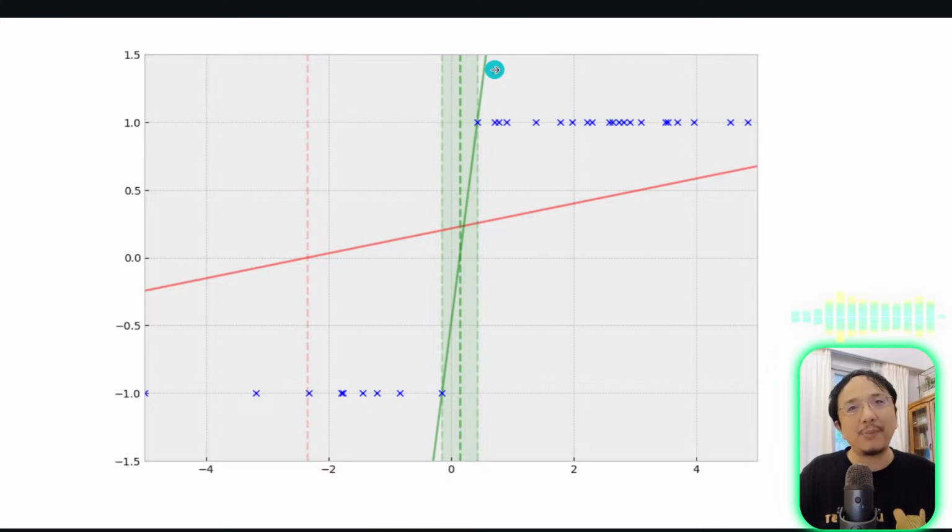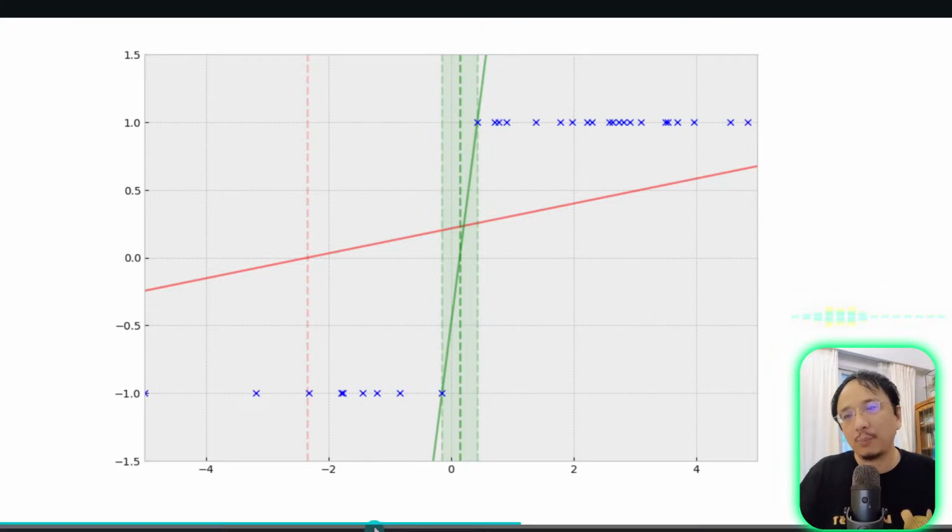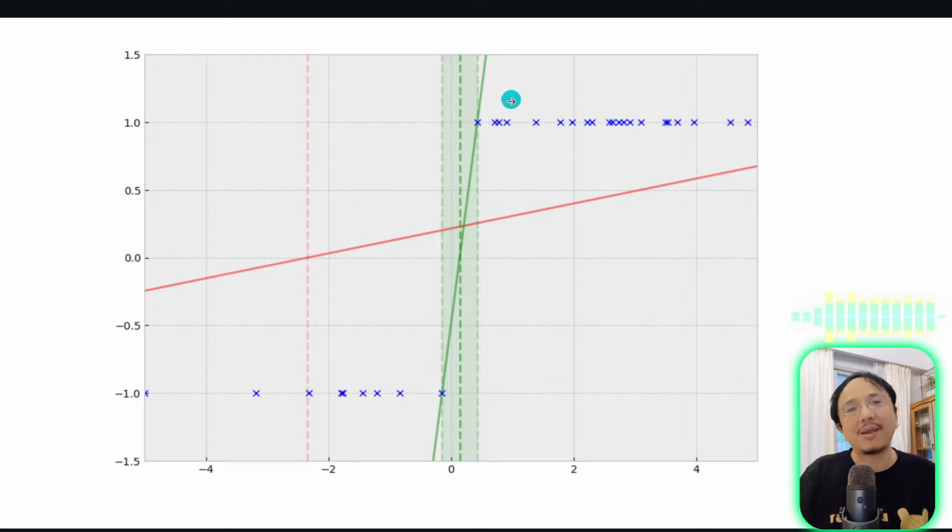You can see that this green line even accelerates faster than the red line, but it doesn't share the same issue. For example, maybe this is far below and this is far up, and they are not coincident with all these blue samples and this blue sample.